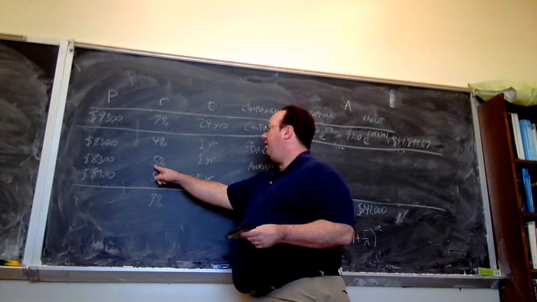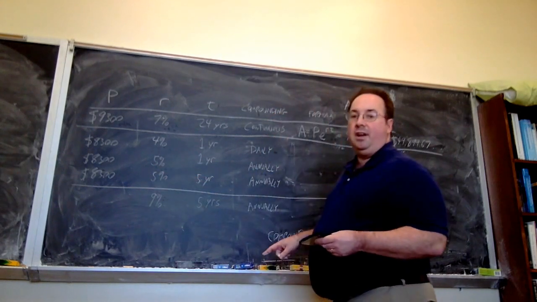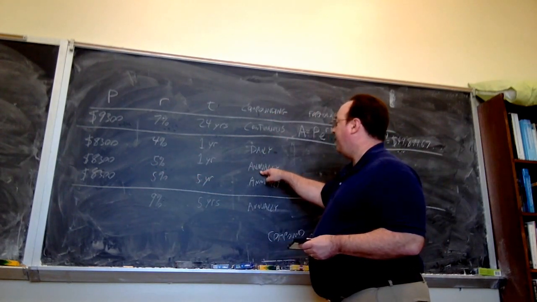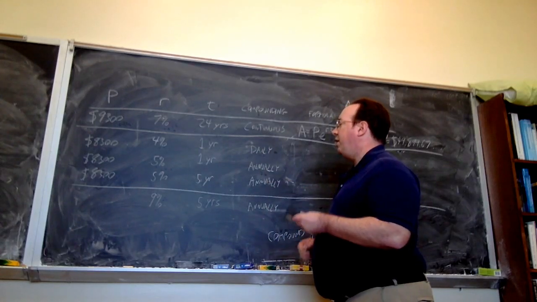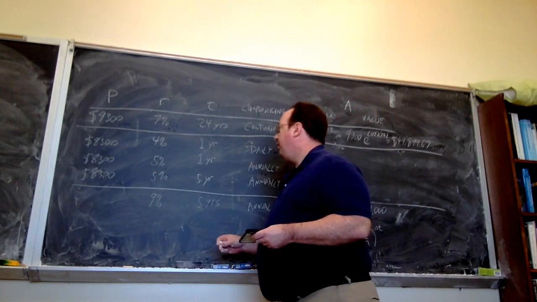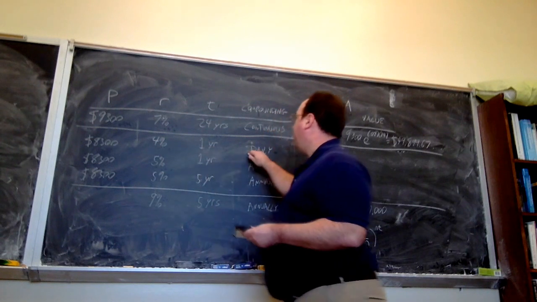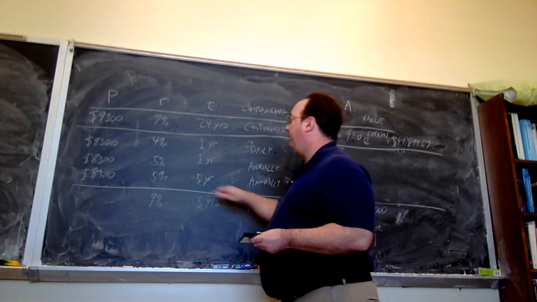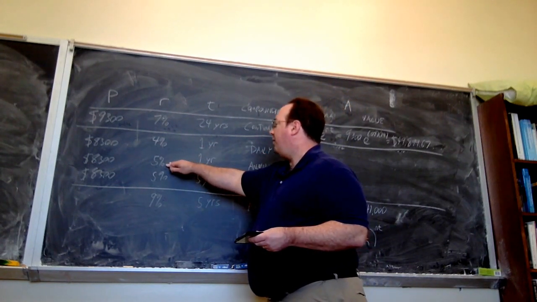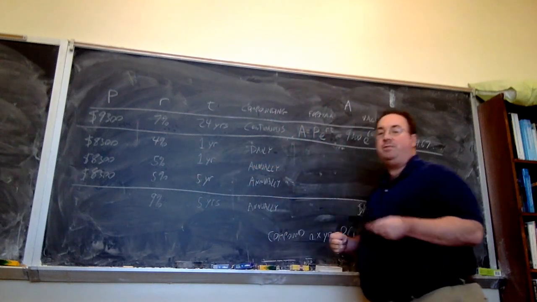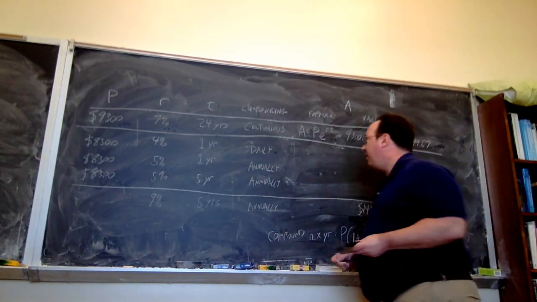Or we can invest at a higher rate of interest, 5%, but compounding less often. So we have a trade-off here. We have a lower rate but compounding more often, which helps, or a higher rate and compounding less often. So which factor is going to win out and produce the higher balance?